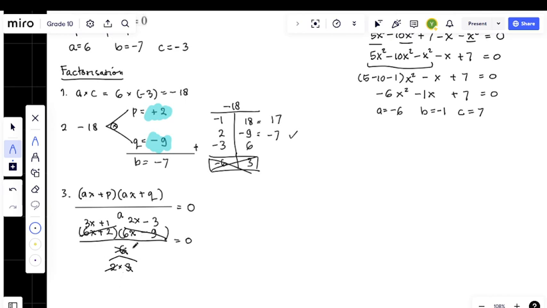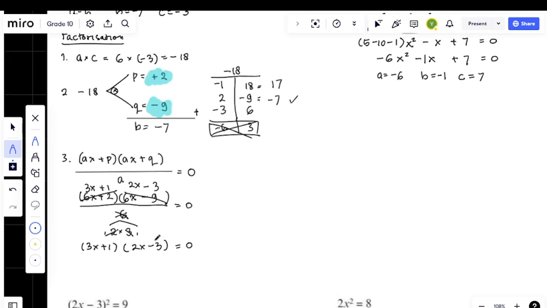Nah, kalau sudah penyebutnya bisa dicoret seperti ini semua, now we just need to write it. Ya, 3x plus 1 dikali 2x min 3 sama dengan 0.